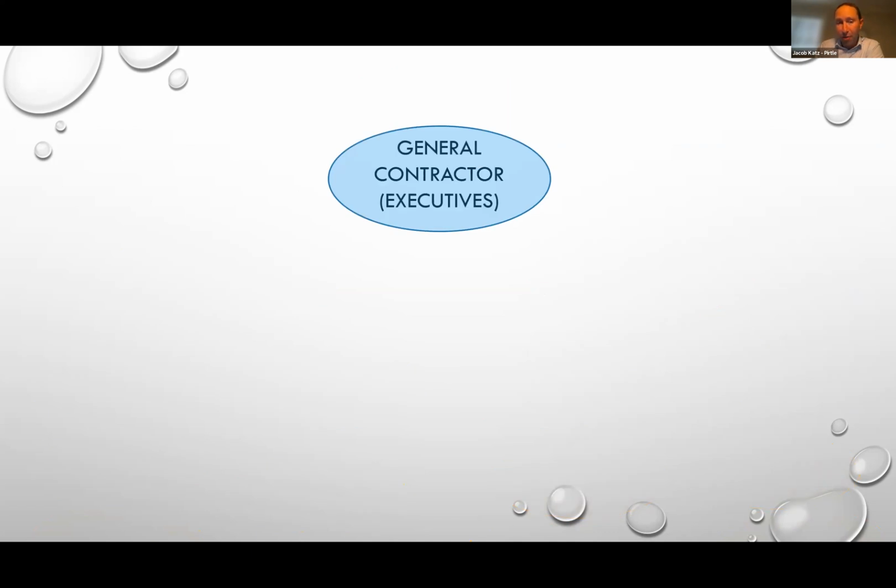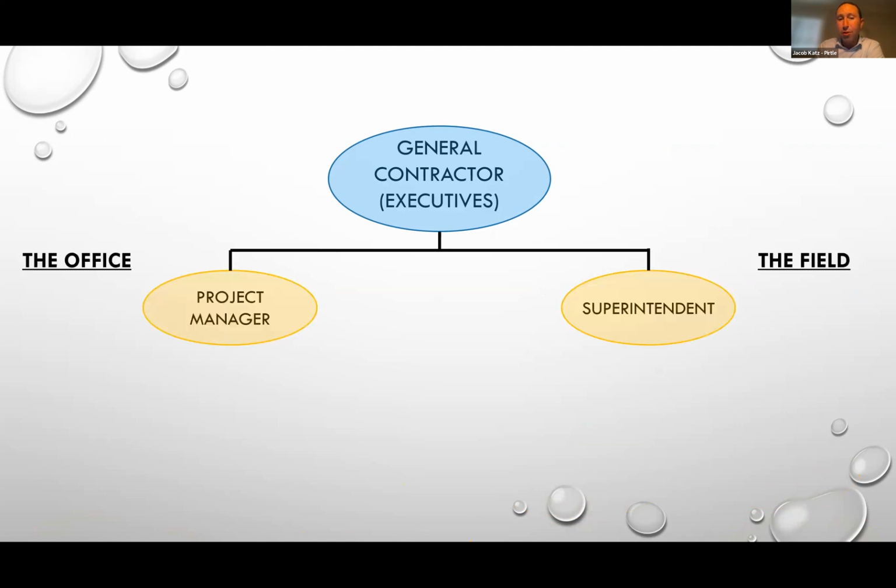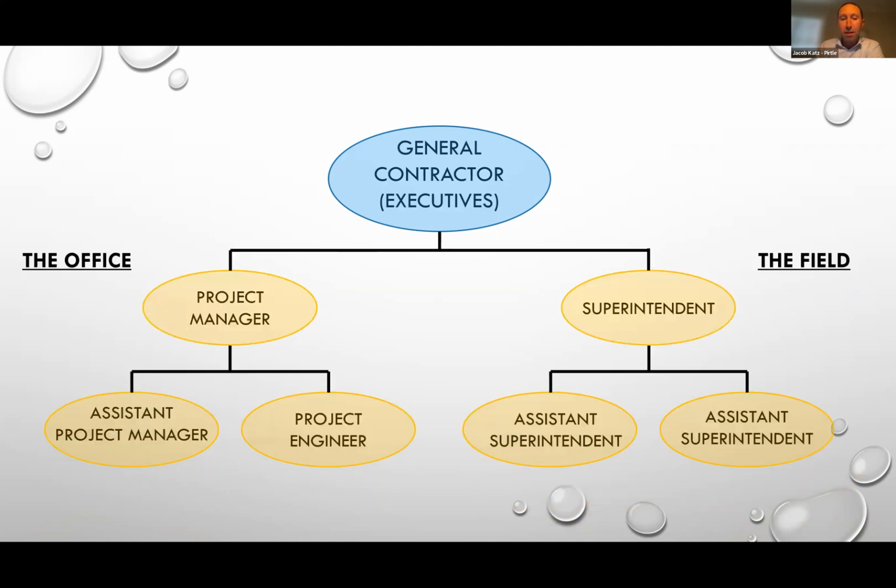Specifically to the general contractor, since this class is about construction management, I want to show you some of the individuals and roles that are involved with working for the general contractor. We often have the office side and the field side of construction. On the office side, we have project managers, assistant project managers, project engineers. We also have estimators. I don't show that on the screen.